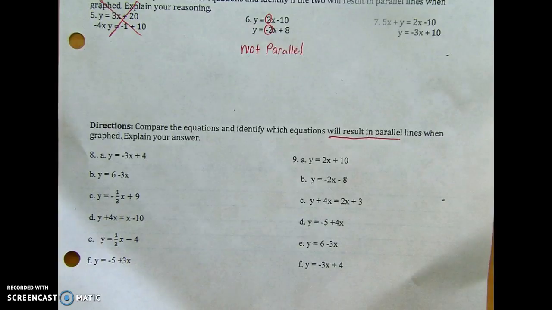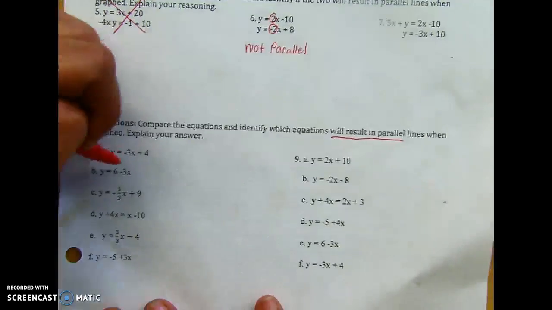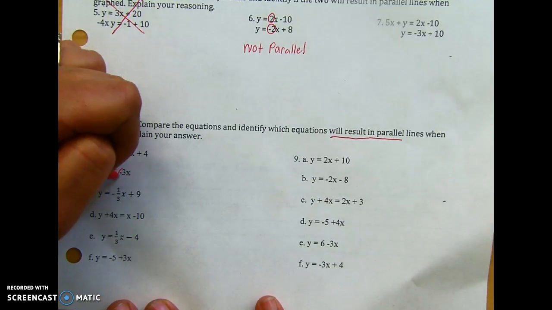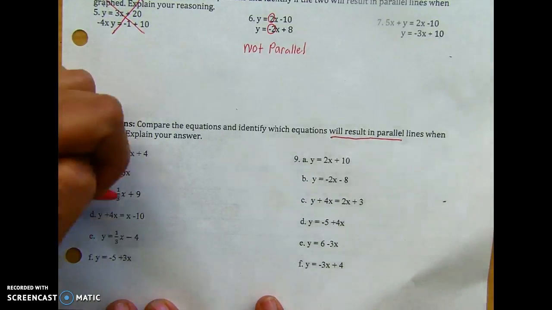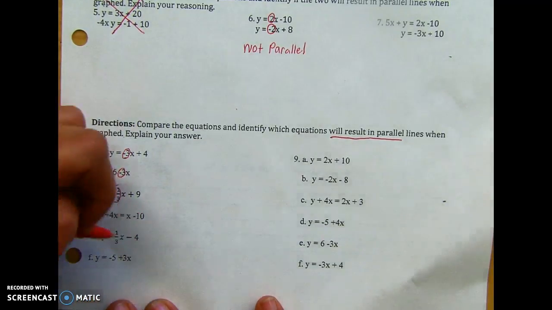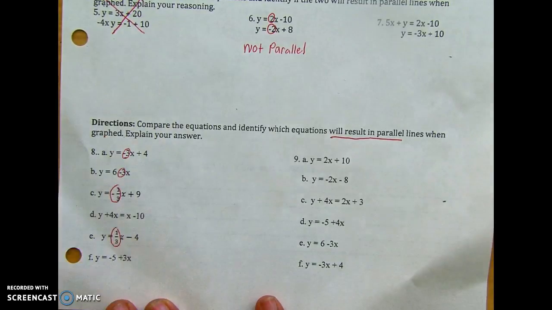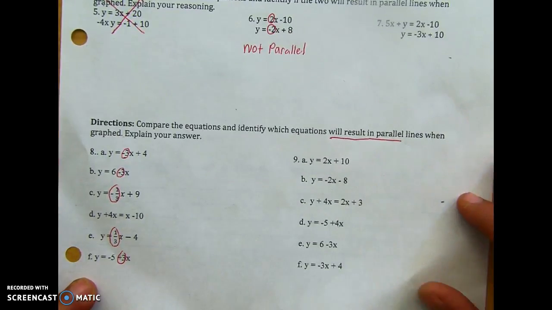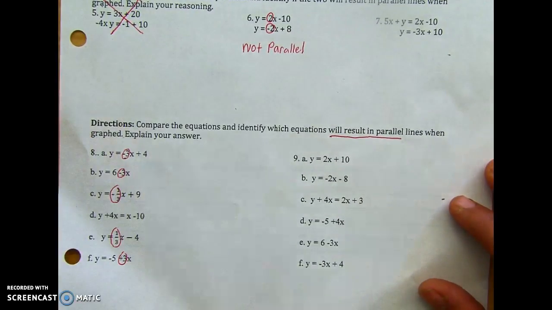I'm going to look at the slopes. If I look at the slopes here, I have -3, -3, -1/3. I can't see the slope on one, so I know I need to convert it. 1/3 and 3. So before I compare all the slopes, I'm going to convert this one.